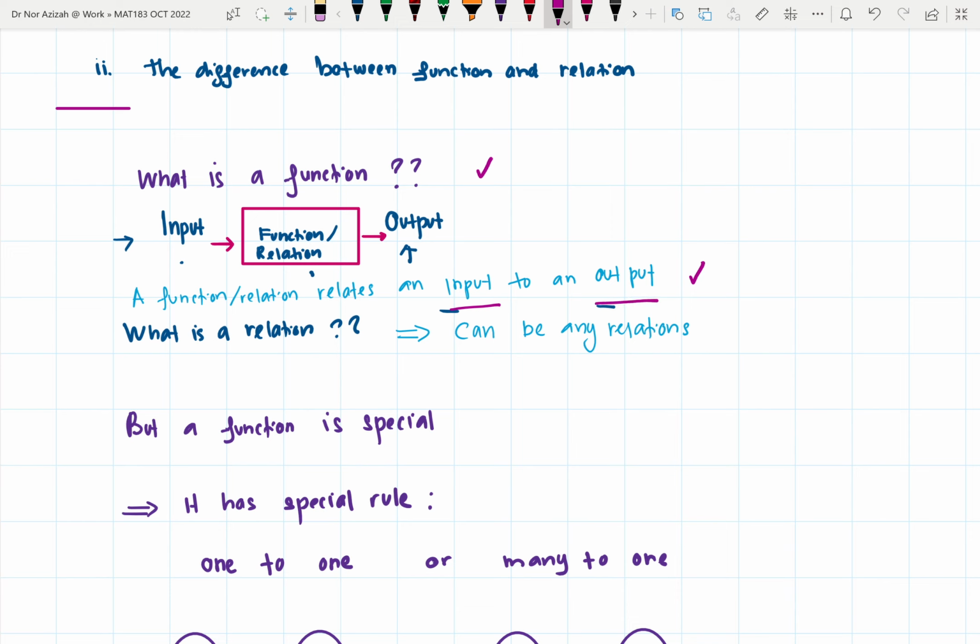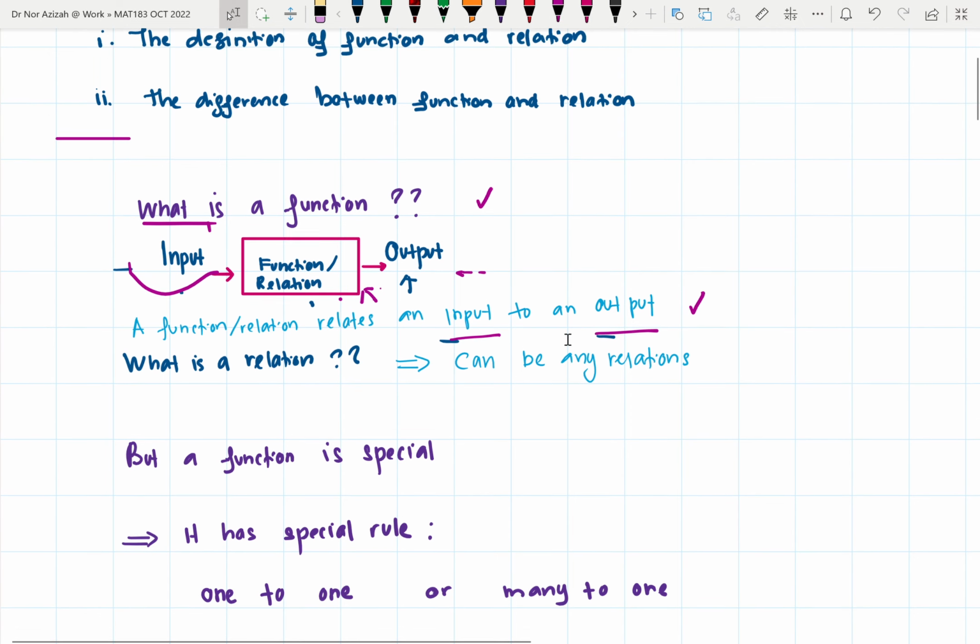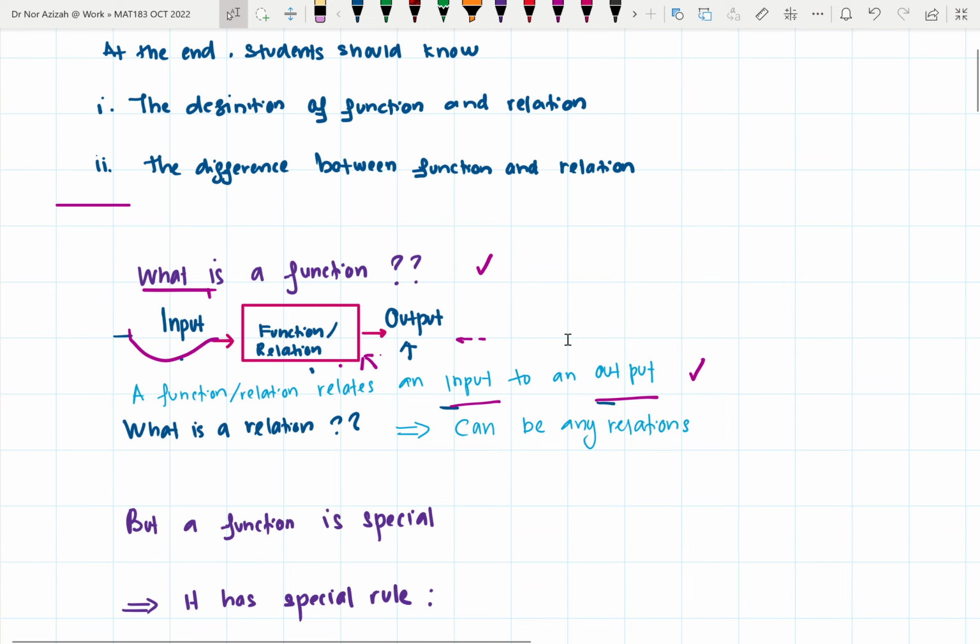If we have a box here, what comes out from the box is the output. Input and output. Input masuk, output yang keluar daripada box ataupun satu tempat.